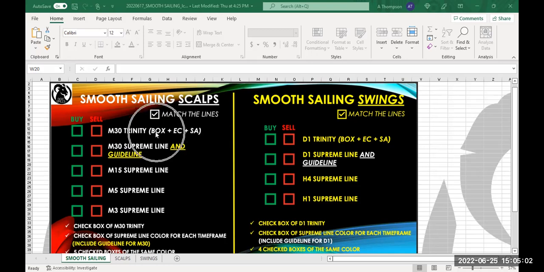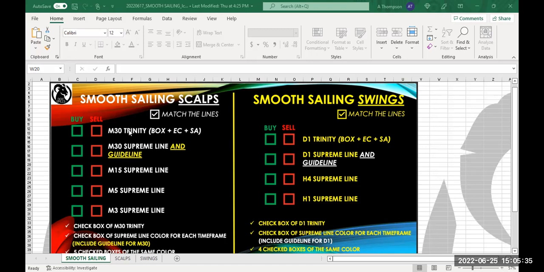So you're going to make sure that you have a box, an engulfing candle, and a swing arrow. Whichever color that is, you're going to come over onto your sheet and mark which color that is. This is very consistent with colors. So no box, no trade. You know that saying very well. No box, no trade.